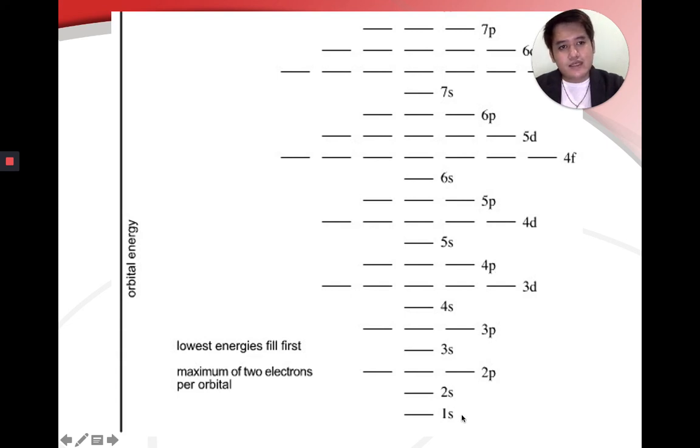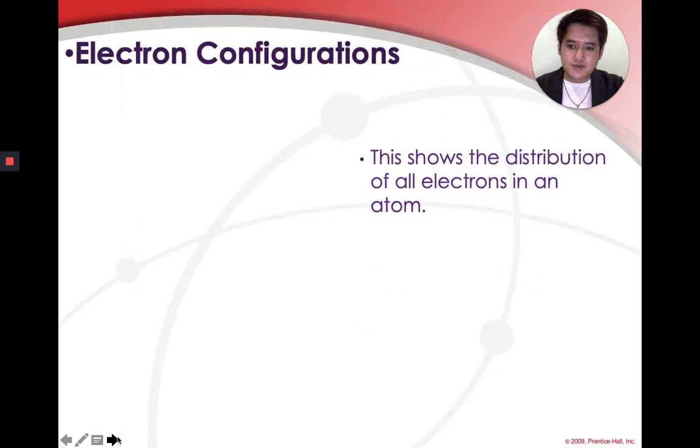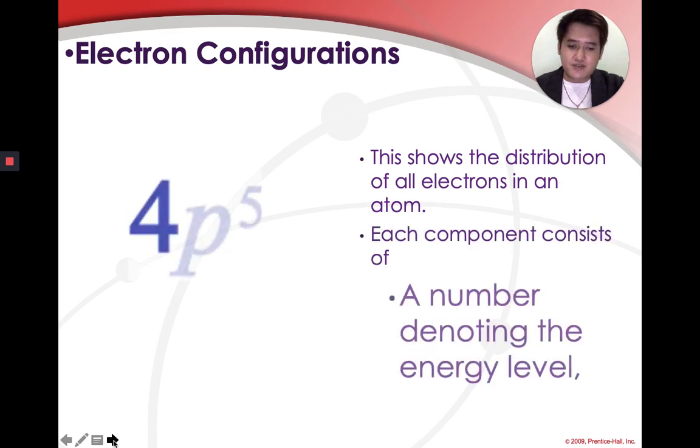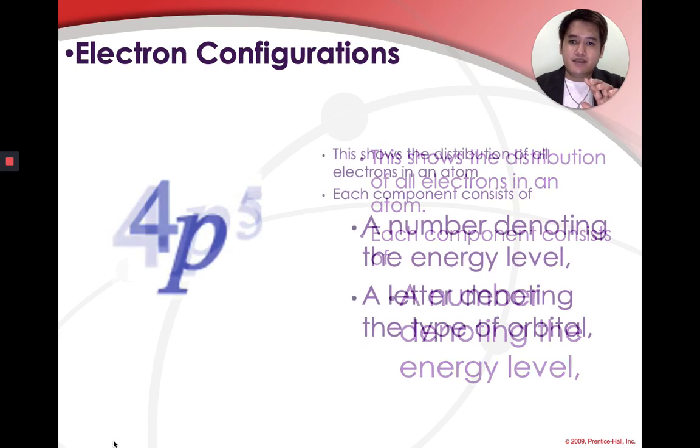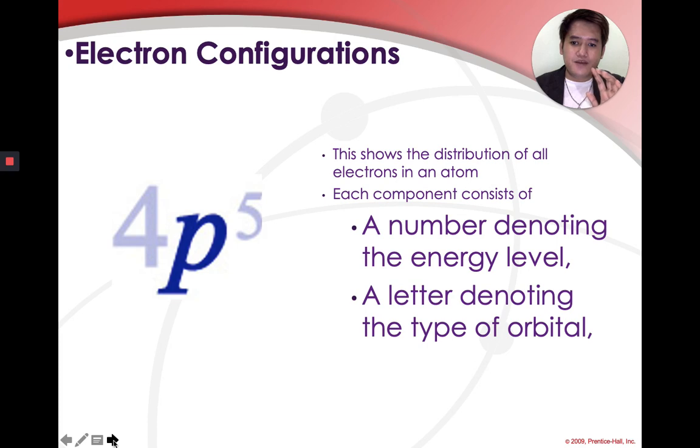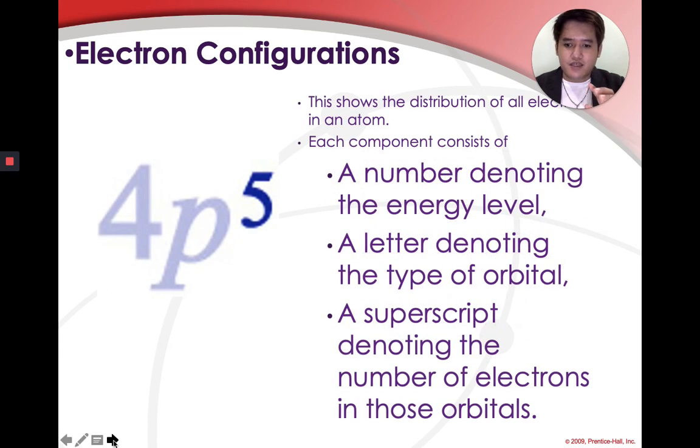So the energies of the orbitals, or of the electrons present in these orbitals, are arranged from lowest to highest. All right. And so this is a prelude now to the discussion on electron configurations. Just a few more slides. I'd like to connect the discussion from the first part to here.